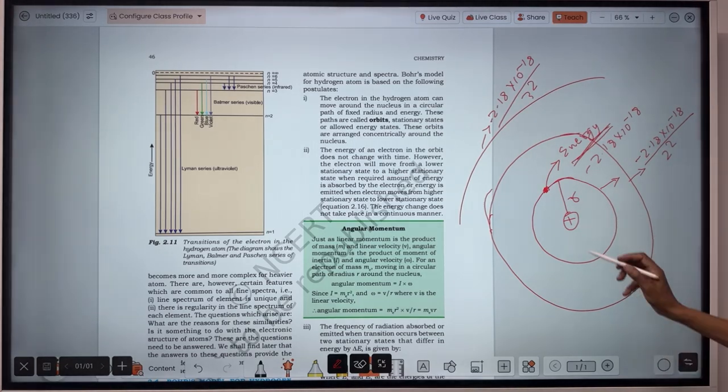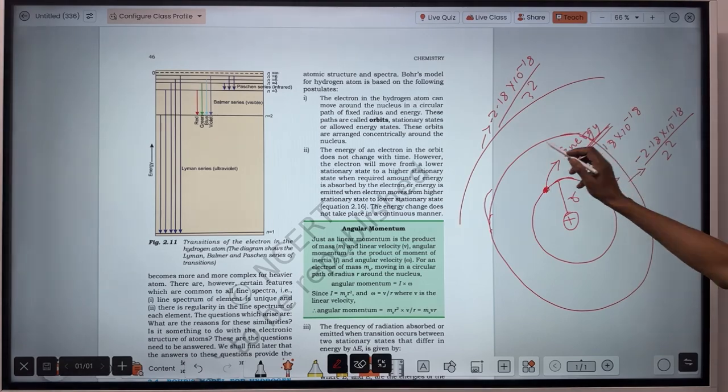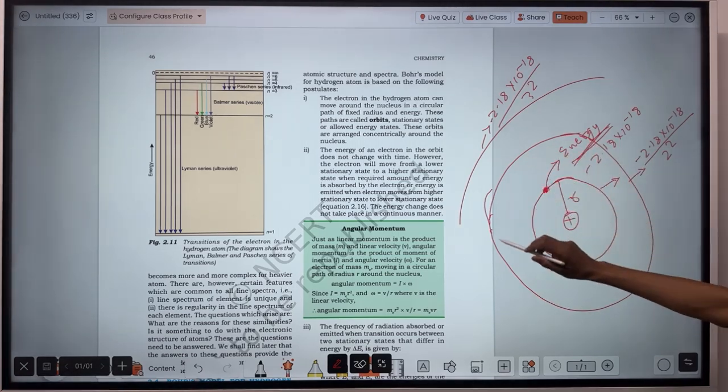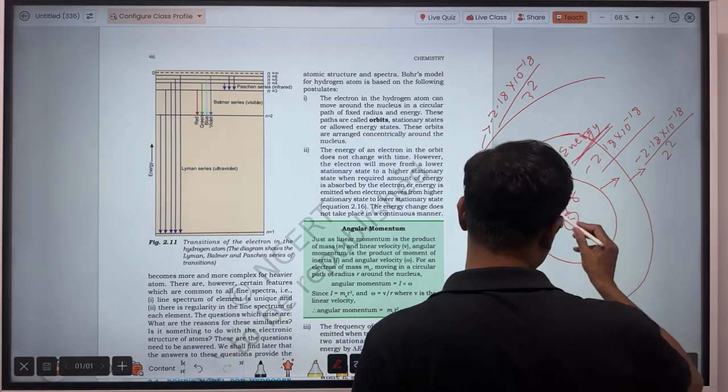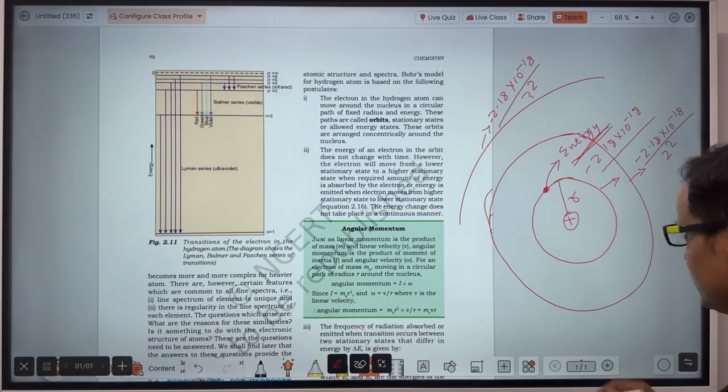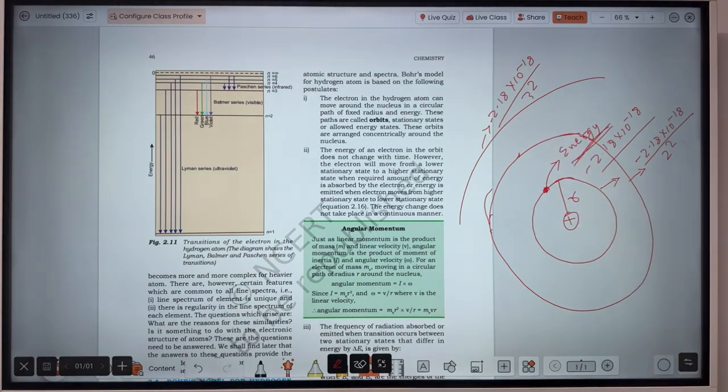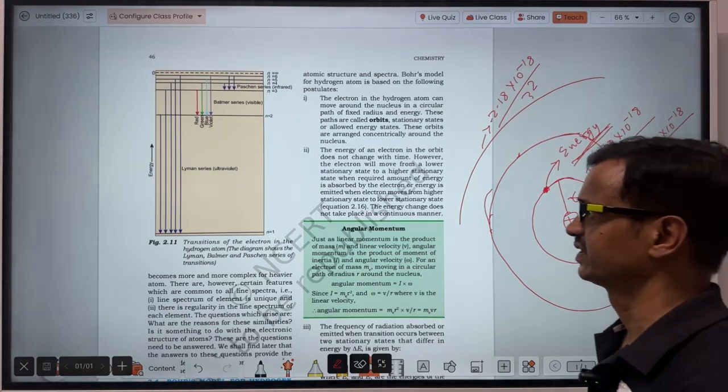So the electron revolving around the nucleus in a fixed circular path, called an orbit, will have a definite energy whose value will be minus 2.18 into 10 to the power minus 18 upon n square, where n is 1 for the first orbit, 2 for the second orbit, 3 for the third orbit, like that.